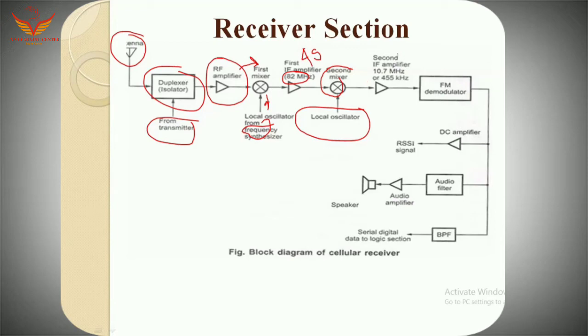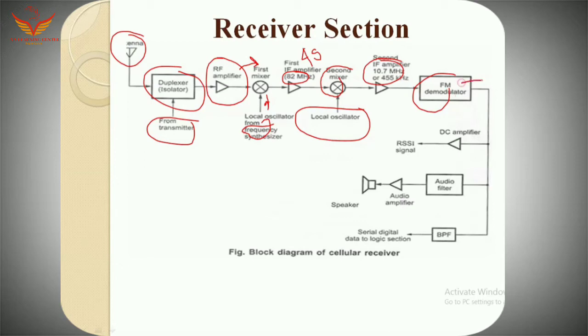So this is the range of the down converted signal. This signal is amplified by the second intermediate frequency amplifier and demodulated by the FM demodulator to get a voice signal.